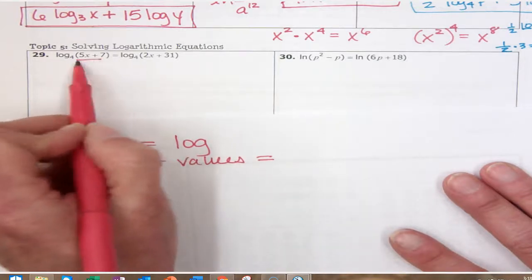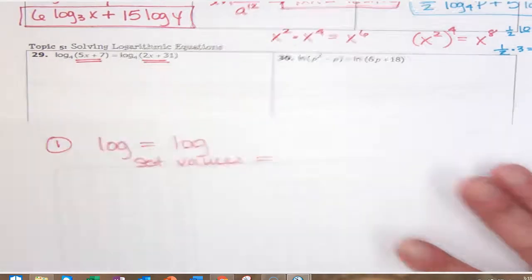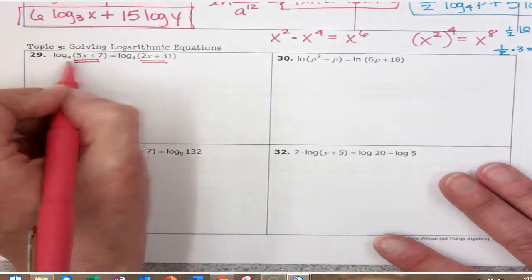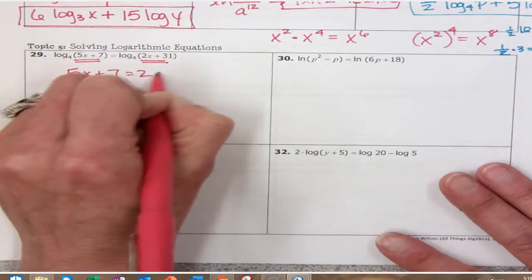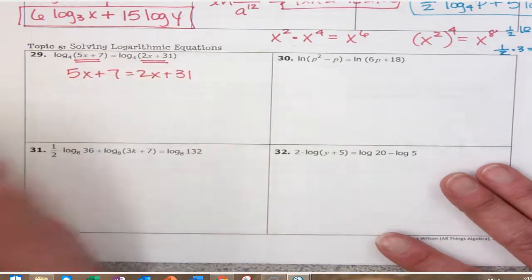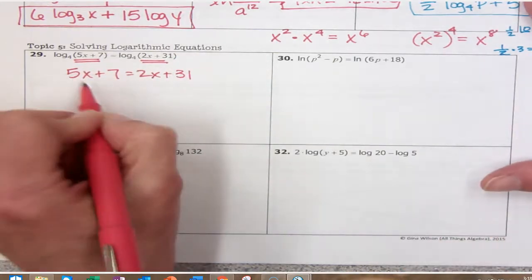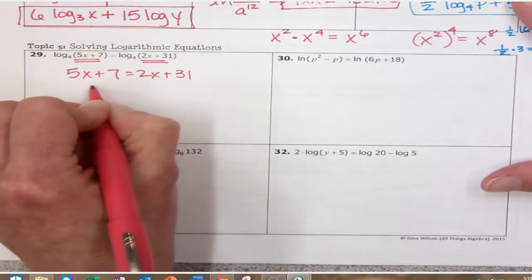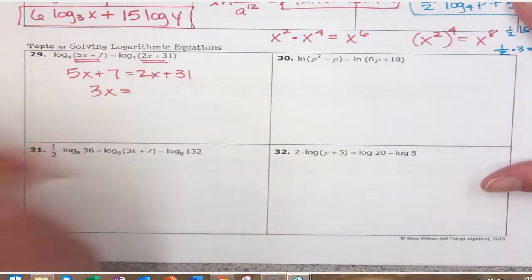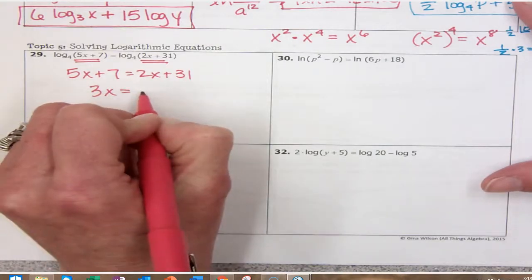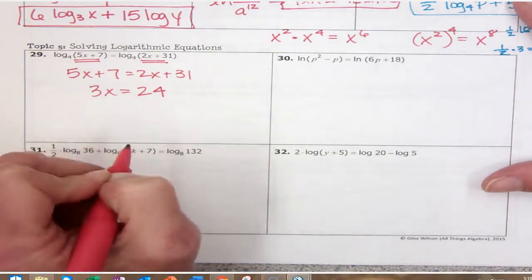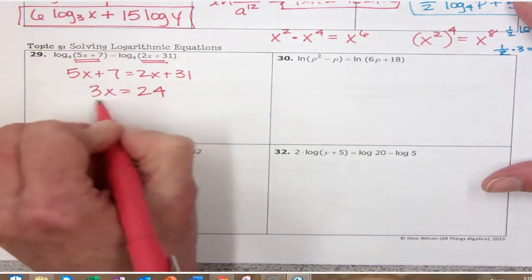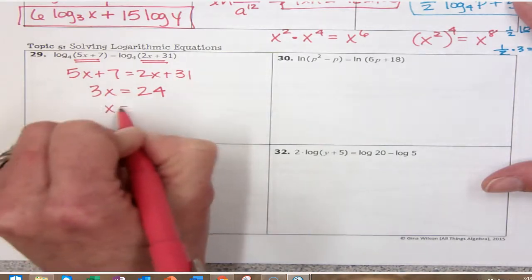We're just going to set this equal to this. The logs go away. 5x plus 7 equals 2x plus 31. Subtract 2x, I get 3x equals 24. Subtract 7, 31 minus 7 is 24. Divide by 3, x equals 8.